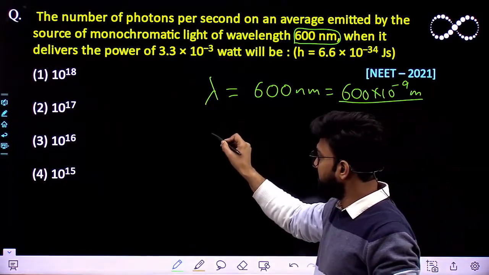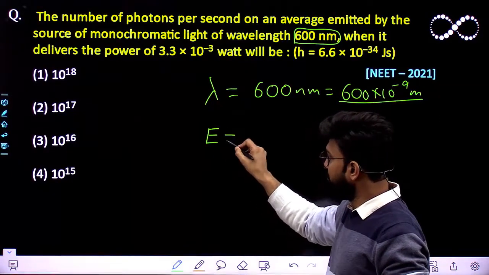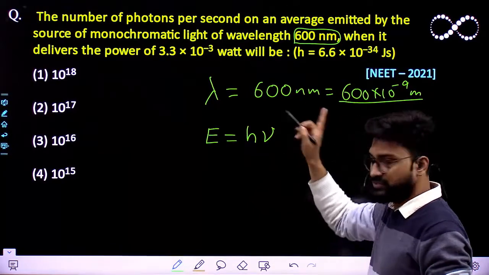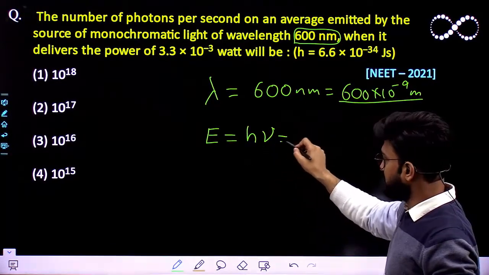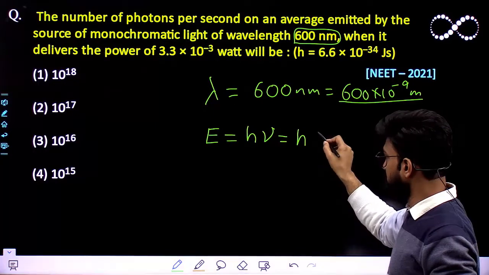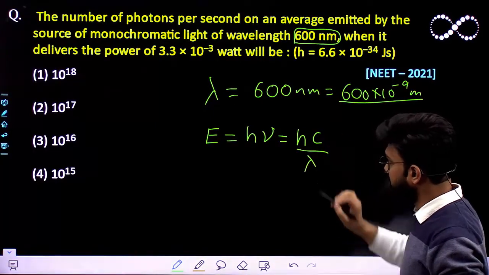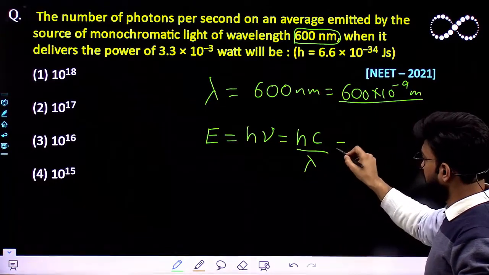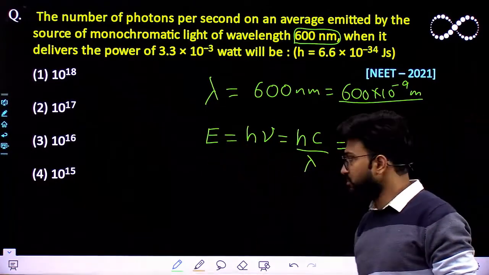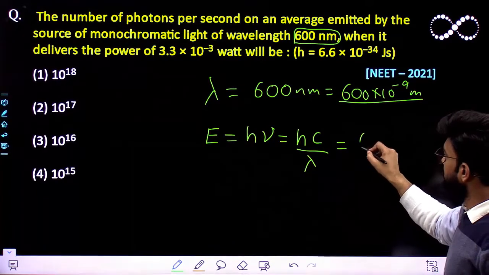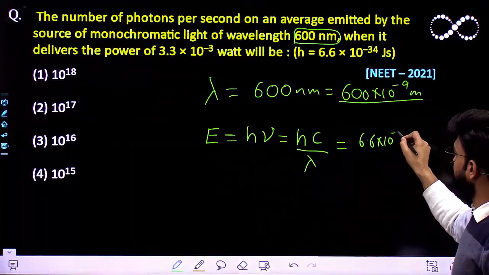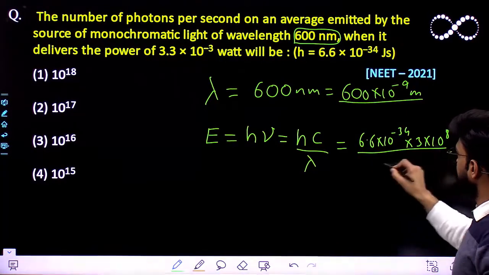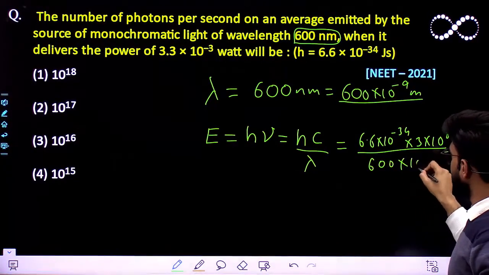The energy of each photon is given by the relationship h into nu, where nu is the frequency of the photon and h is the Planck's constant. Since nu is equal to c by lambda, where c is the speed of light and lambda is the wavelength of each photon, you can easily find out the energy of each photon by this relation, where h is 6.6 into 10 to the power minus 34, into 3 into 10 to the power 8, divided by 600 into 10 to the power minus 9.